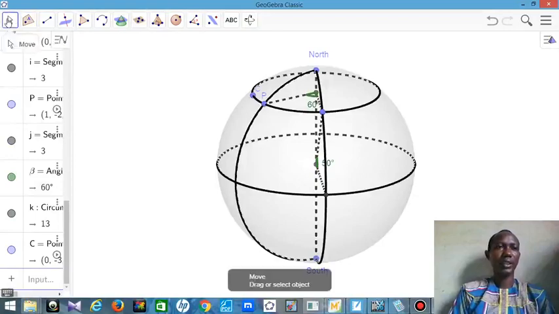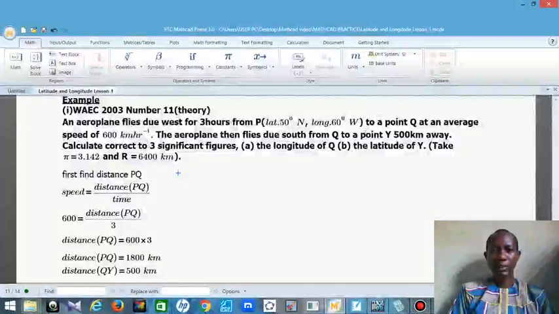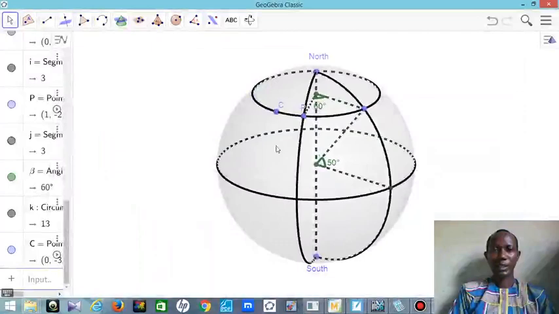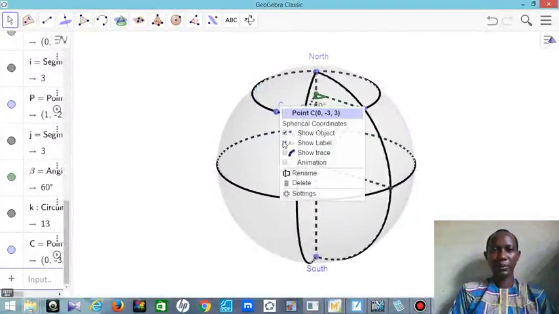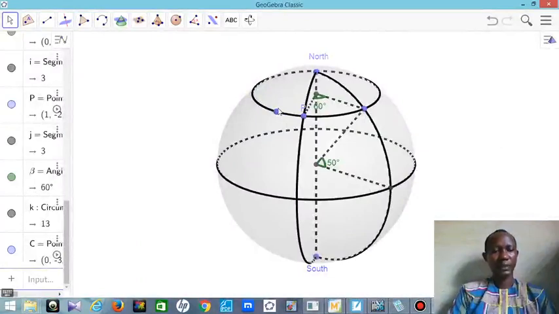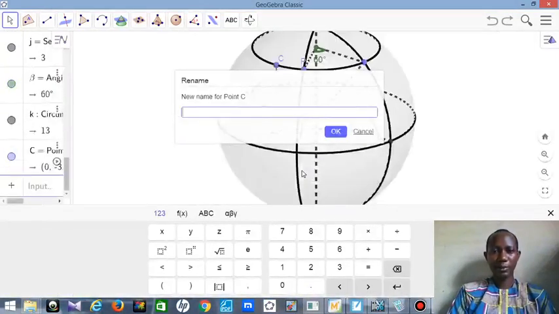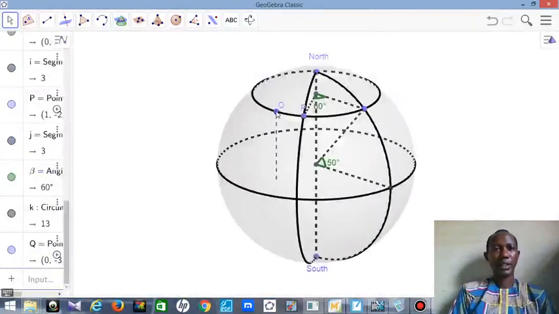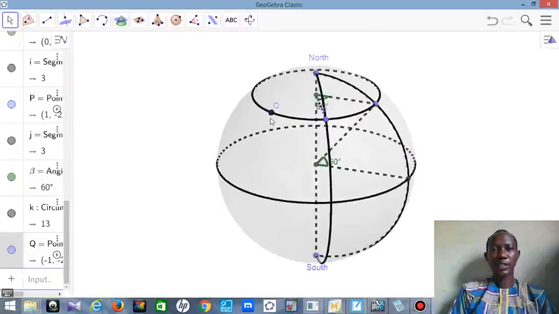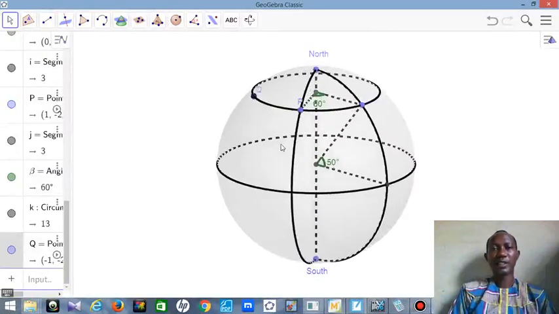That next point is called point Q. Let's rename this to Q. Okay, so this is point Q, towards the west. So it's somewhere on this side. You can see it now.